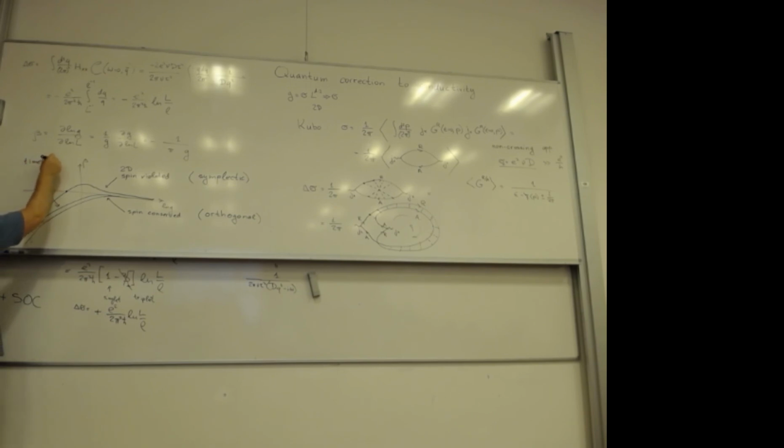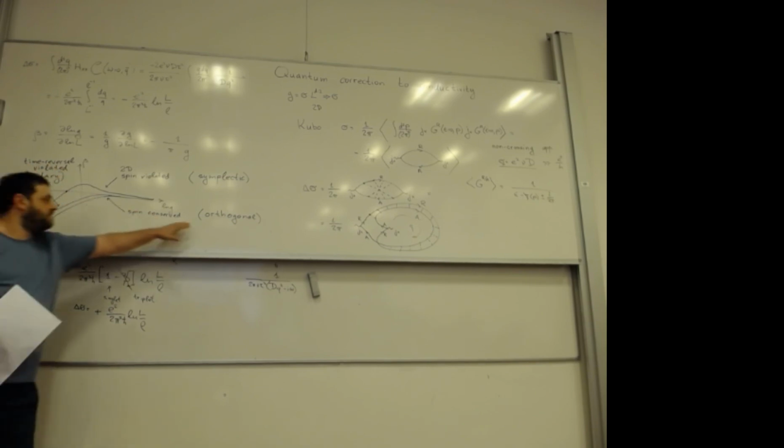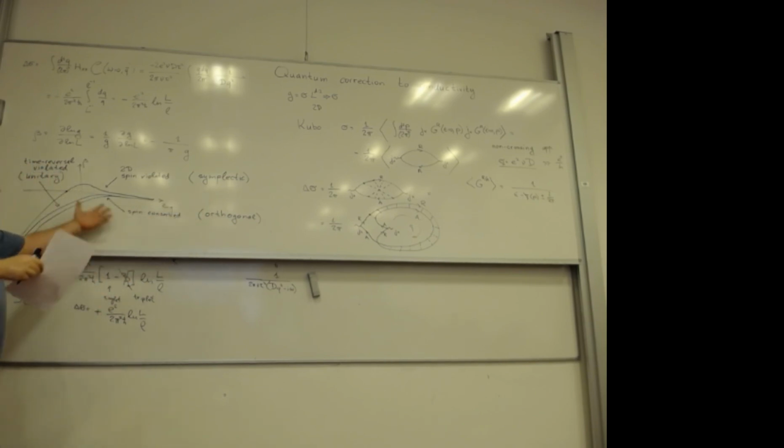This third situation is when time reversal symmetry is violated, and it has a strange name, unitary. So there are these three words, orthogonal, unitary, symplectic, for these three cases. And this word tells you which beta function you have.